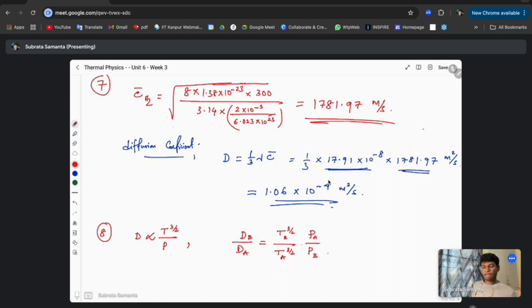All other things are constant because the diameter is the same, since we are using H2 gas in both containers. So only temperature and pressure vary. Now how PB and PA are related and TB and TA are related is given, so we just plug in these values.